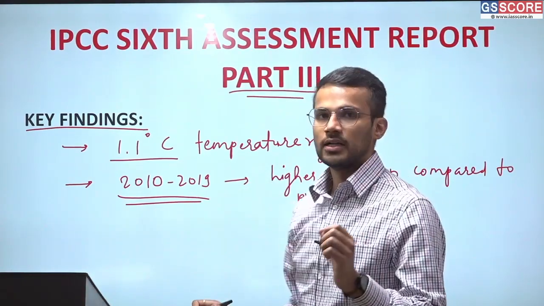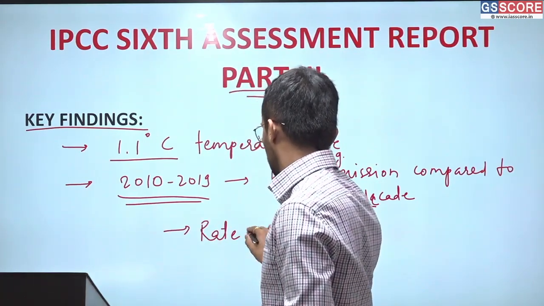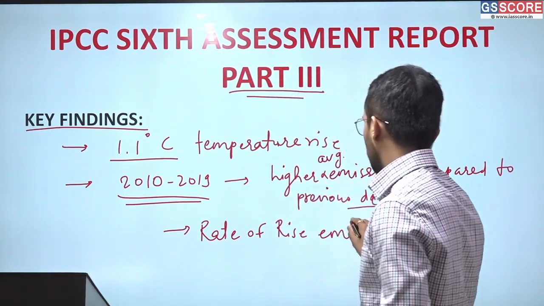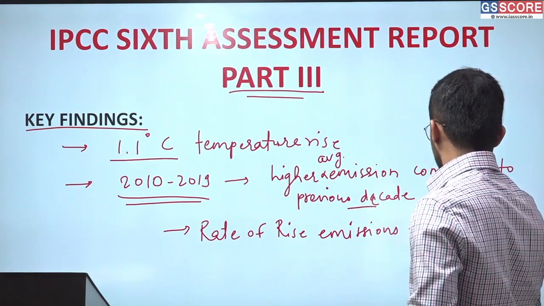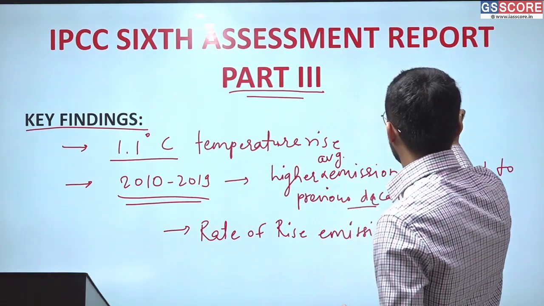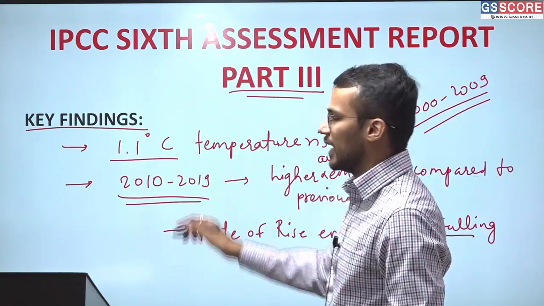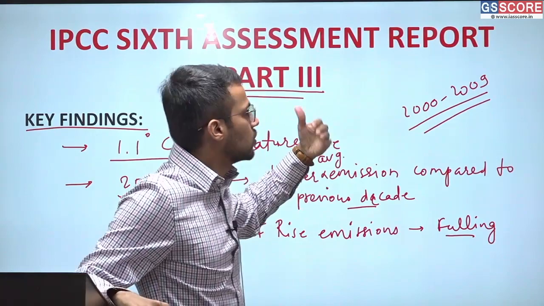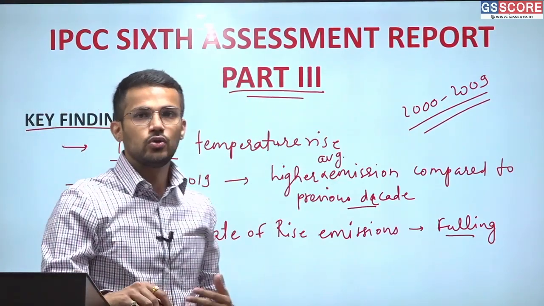But at the same time, this report also highlights that the rate of rise of emissions is falling. That means the rate of rise between 2000 and 2009 was higher than the rate of rise between 2010 and 2019.